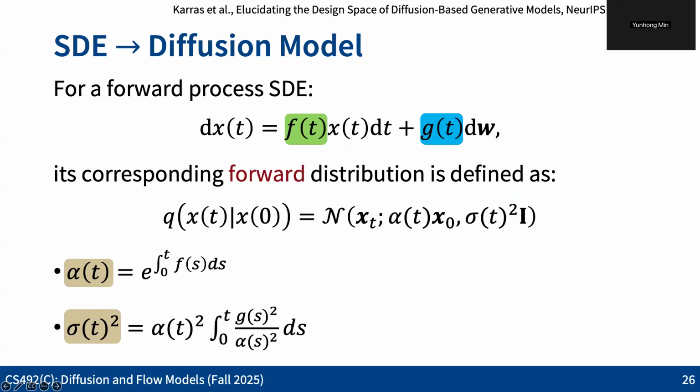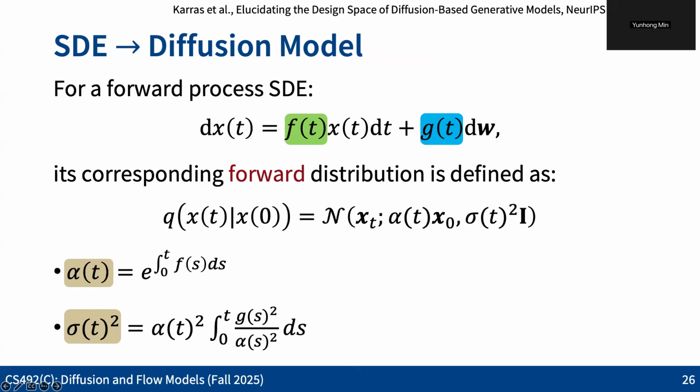Before we see how we define the forward process SDE from this definition of the forward distribution, we're going to first see the opposite. Given the forward process SDE, when you have an f function and a g function, then the forward distribution terms are defined in this way.